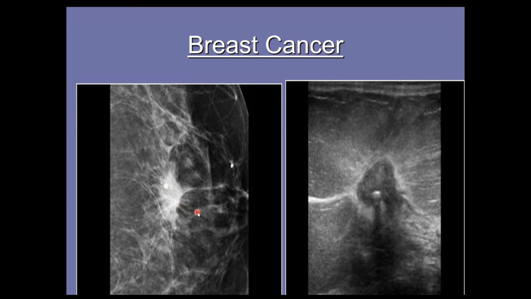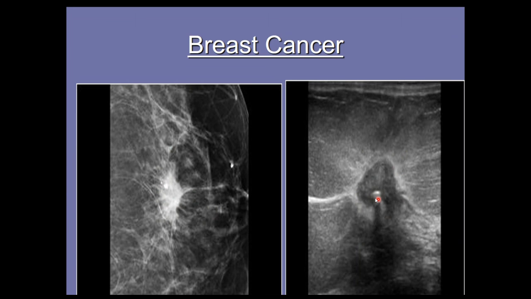So the other features are very typical for malignancy. On ultrasound also, we visualize the margins are not clear. There is extension of the tumor into the adjacent soft tissue, and the mass is taller than wide. And again, you can see the macrocalcification.